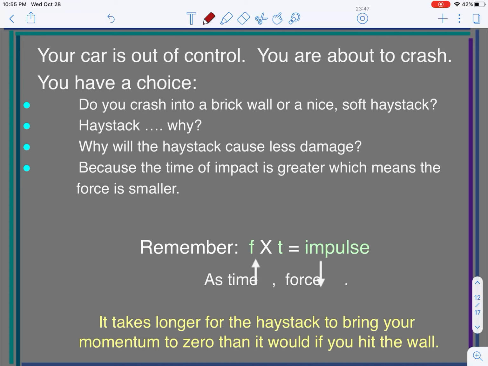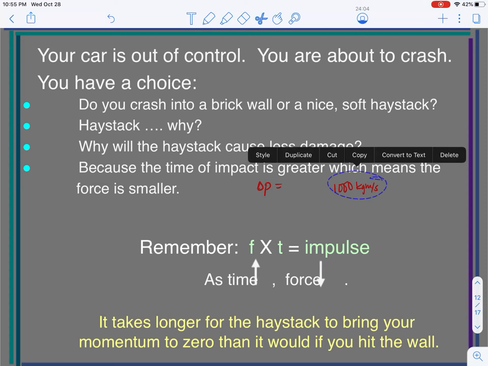Now, please understand, for both of these crashes, my change in momentum is going to be the same. Let's say that I'm driving with 1,000 kilogram meters per second initially, and I come to a stop. So my formula is going to be final minus initial.